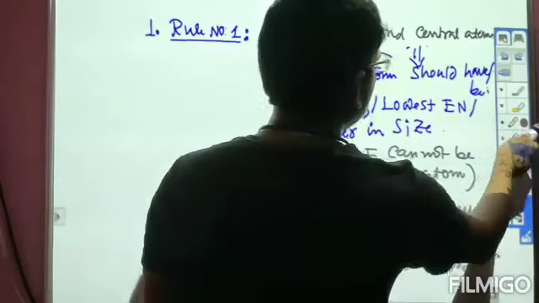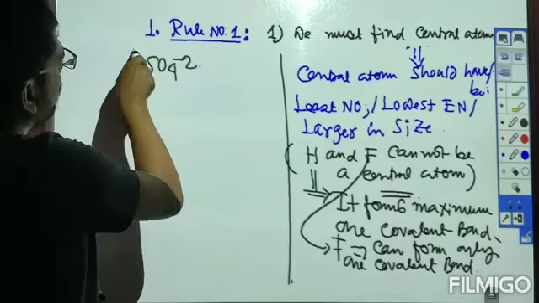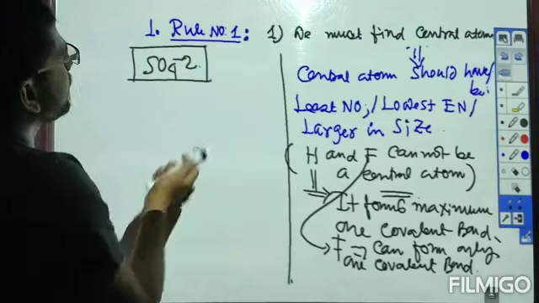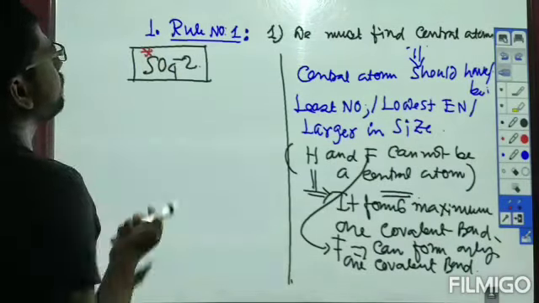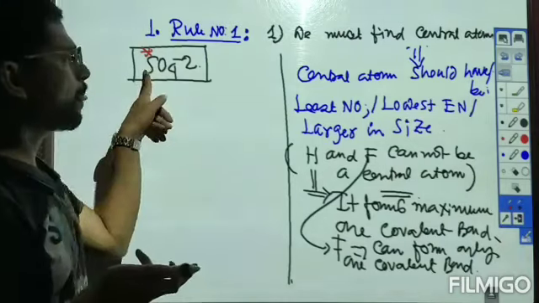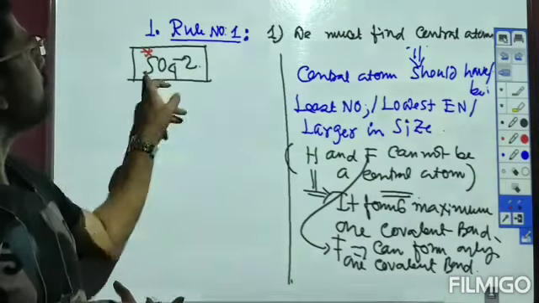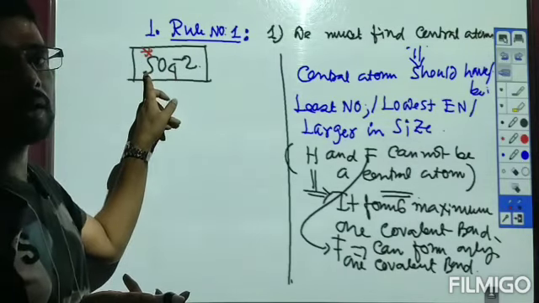So for example, in SO4 minus 2, what will be the central atom? The central atom will be sulfur, because of the least number: oxygen has 4, sulfur is only 1.